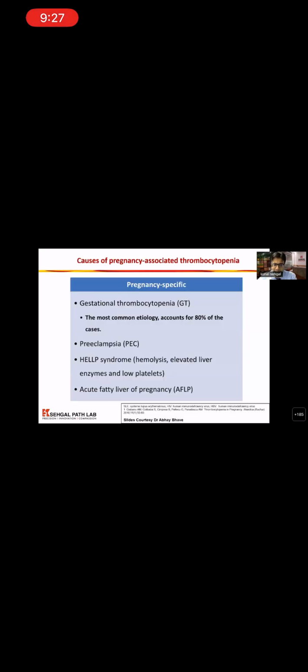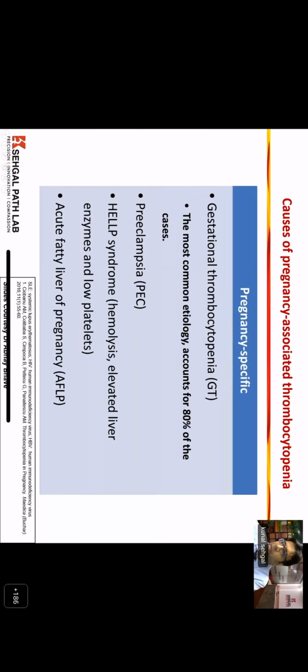Now, pregnancy being specific, I have just labeled two slides. In pregnancy, you can have pregnancy-specific causes of thrombocytopenia and non-pregnancy-specific causes. Whatever happens in a non-pregnant person can also happen to a pregnant person. So those are non-pregnancy specific. We'll come to that. But in pregnancy, gestational thrombocytopenia is the most common etiology and happens in 80%. Very often, in the second or third trimester, gestational thrombocytopenia may be the cause.